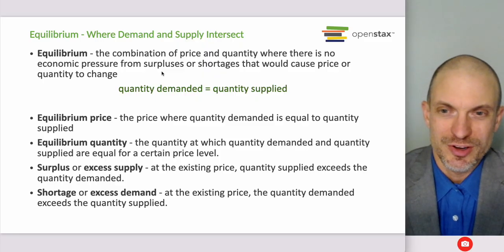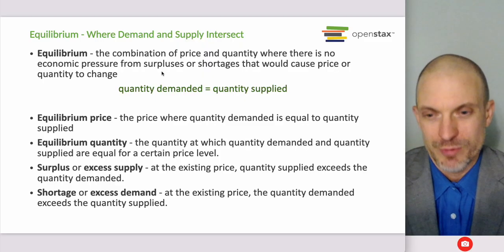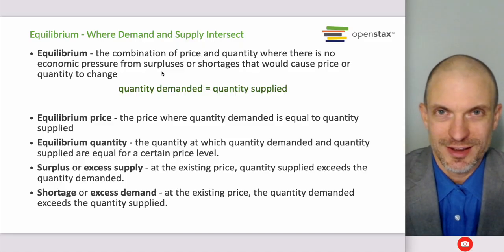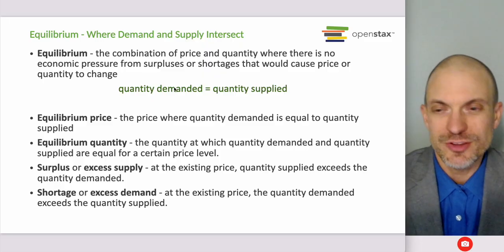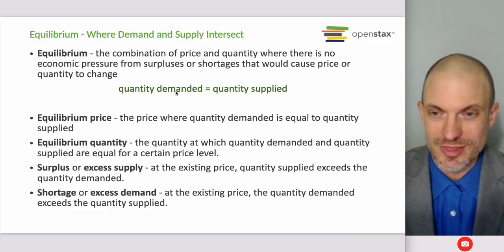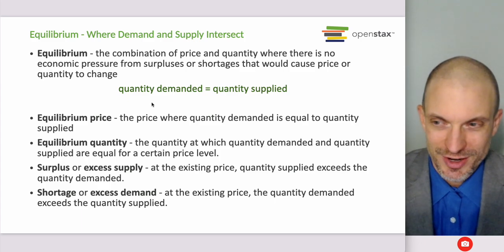Or if the quantity supplied is too big, eventually the price has fallen, so consumers are willing to buy a larger quantity demanded at that lower price, and then eventually the item goes on clearance or goes on sales, and then eventually the market clears, meaning quantity demanded equals quantity supplied.